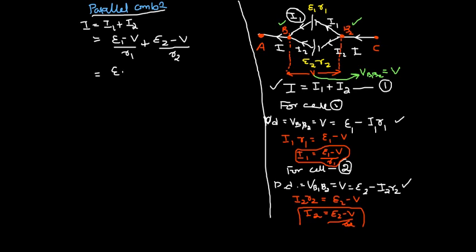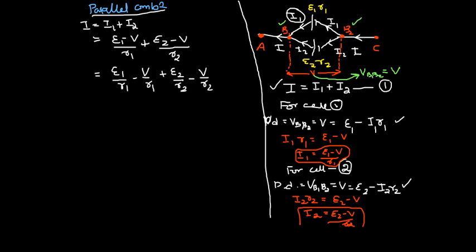Don't go for the direct steps. E1 by R1 minus V by R1, plus E2 by R2 minus V by R2.